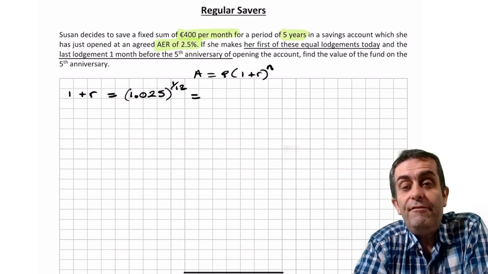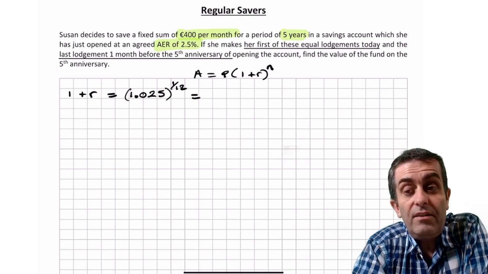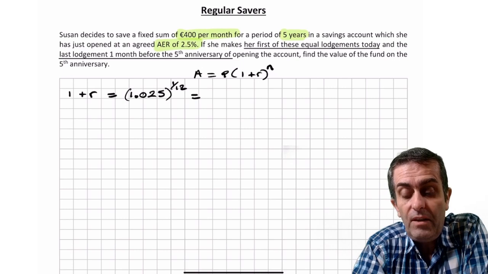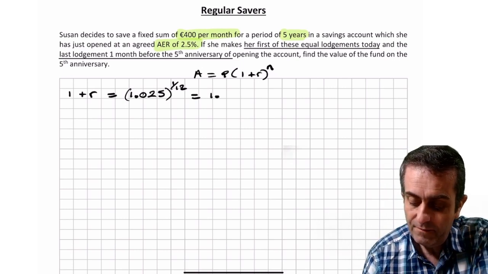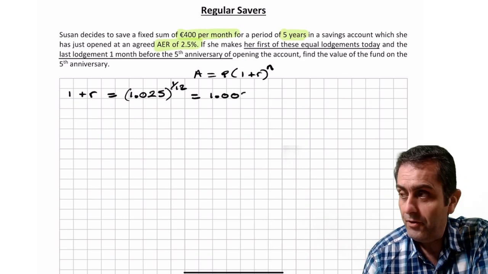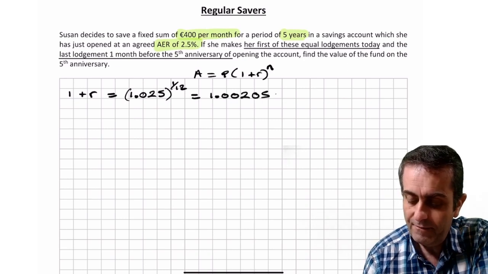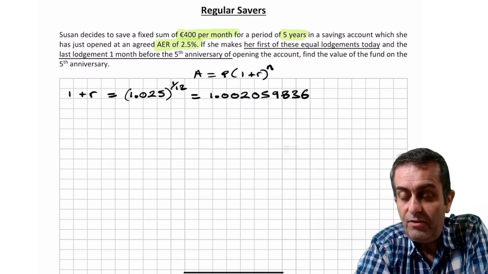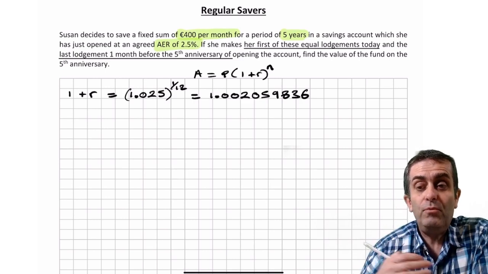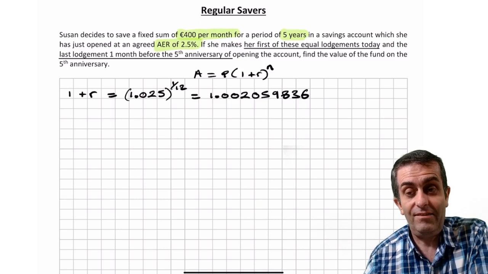If it was quarterly, we would look at the power of a quarter, but this is monthly, so it's the power of 1/12. That gives us a value of 1.002059836.